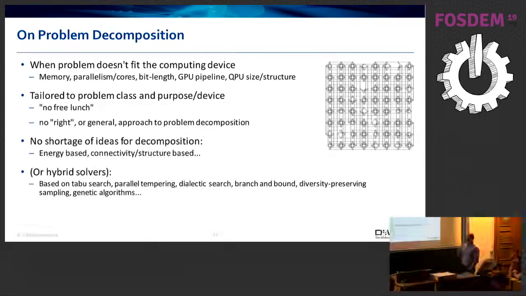This is not what we have in production, where we have more or less full yield, and that means that every qubit is connected to exactly 6 other qubits as it should be. You see some connections here are missing. So this is just one of the limitations you need to deal with. But decomposition is more general than that.